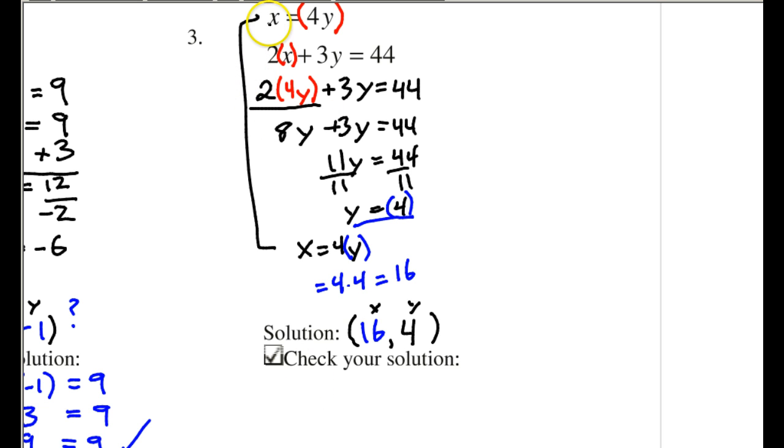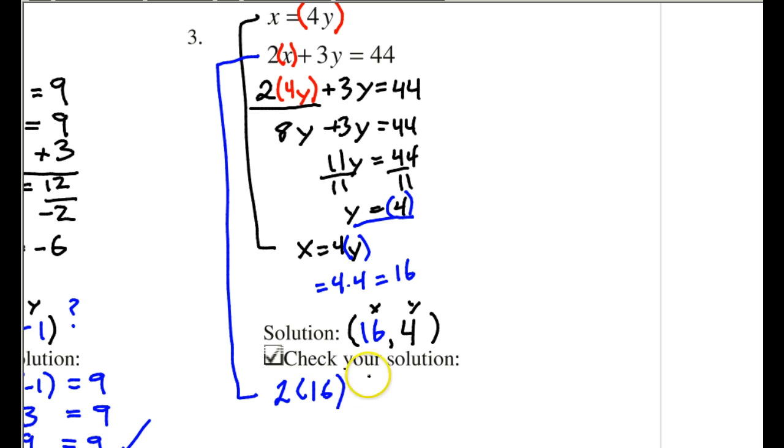For your check, notice how I use the top one to find out what y equals or what x equals. So I'm going to use the other one for my check. I'm going to use one of these to find out the other variable. Use the other one for your check. So 2x plus 3y is 44. X is 16. Y is 4. 2 times 16, 2x.